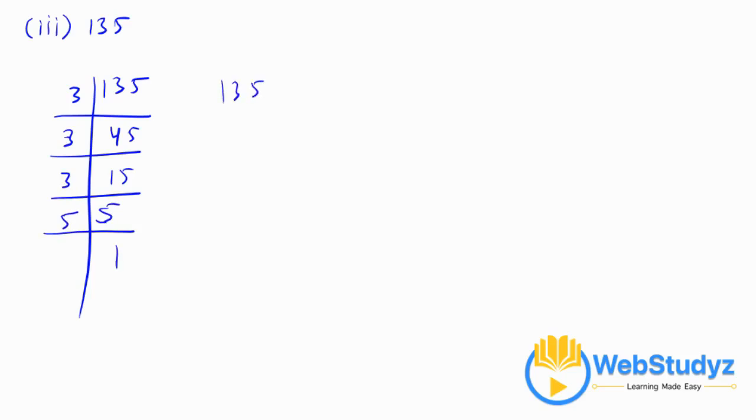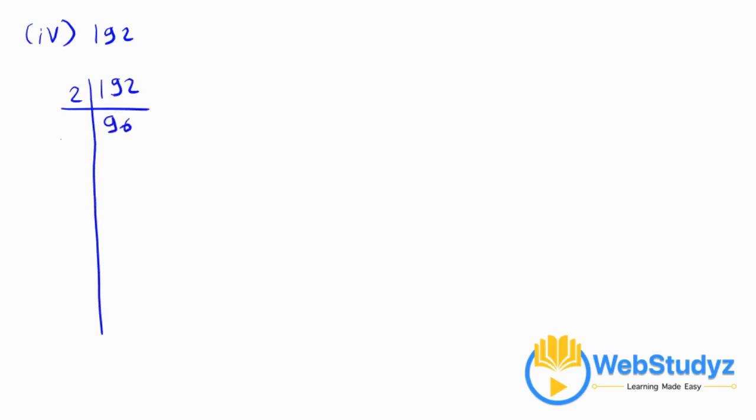So the factors of 135 are 3 into 3 into 3 into 5. Here we have a triplet of 3, but 5 is single. That means if we divide 135 by 5, we can make it a perfect cube.